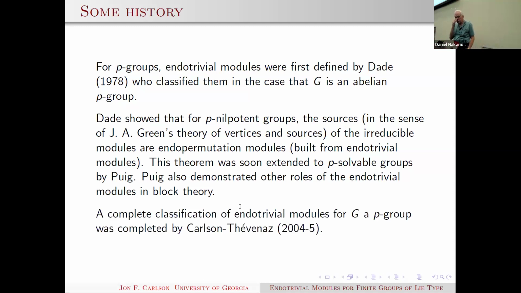The complete classification of endotrivial modules for p-groups took basically 25 years to do. I was thinking about it off and on for the entire 25 years, I can tell you. And we finally, with Jacques Thévenaz's help, figured this out in about 2004, 2005.